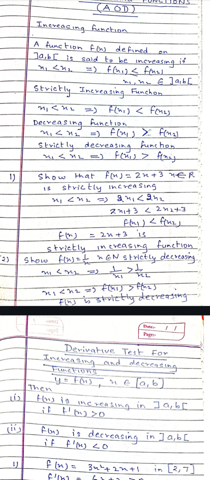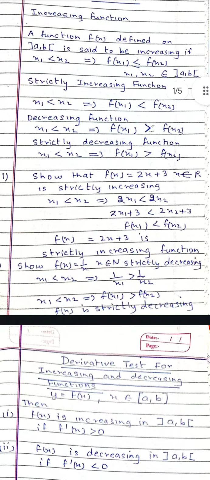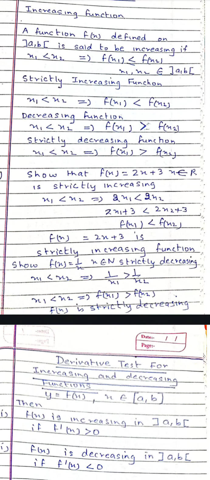increasing function. In case of strictly increasing function, if x1 and x2 are such that x1 is less than x2, then f(x1) is also less than f(x2). f(x) is a function of x. Decreasing function.